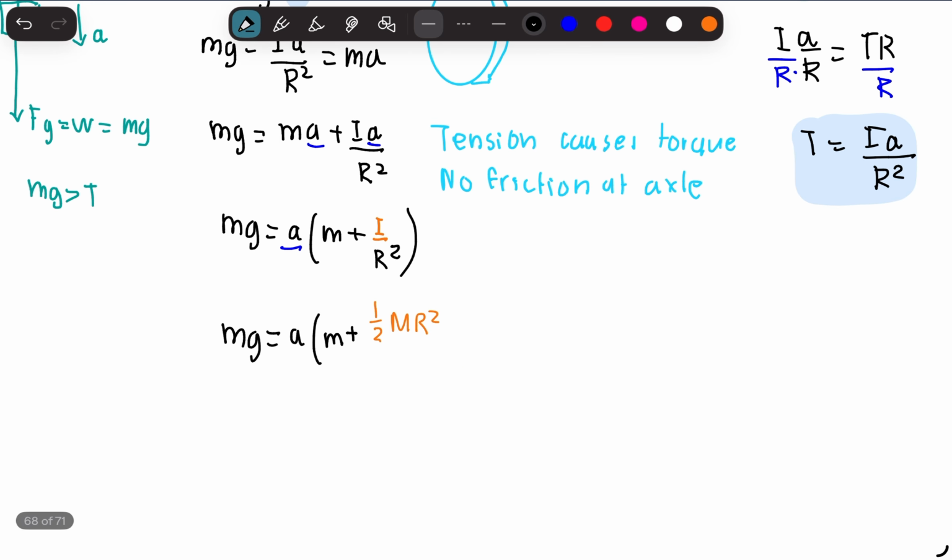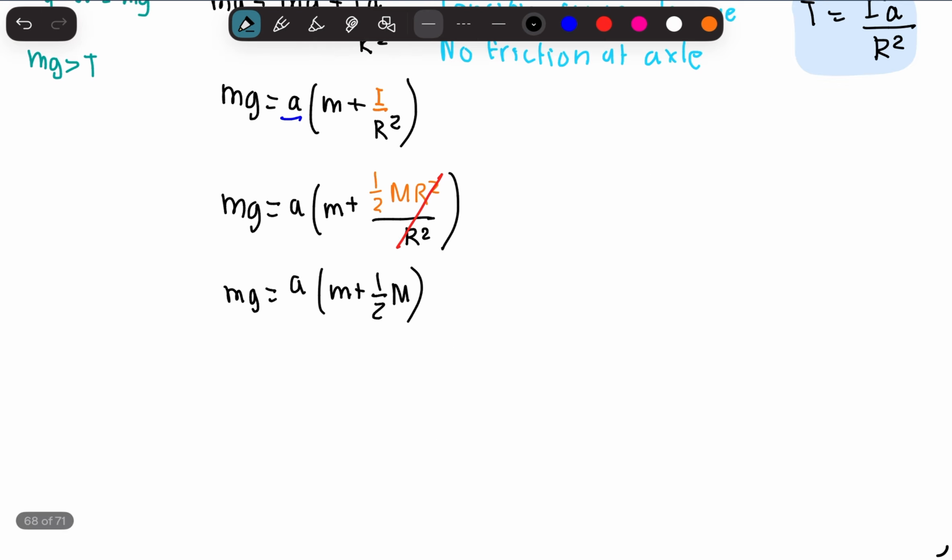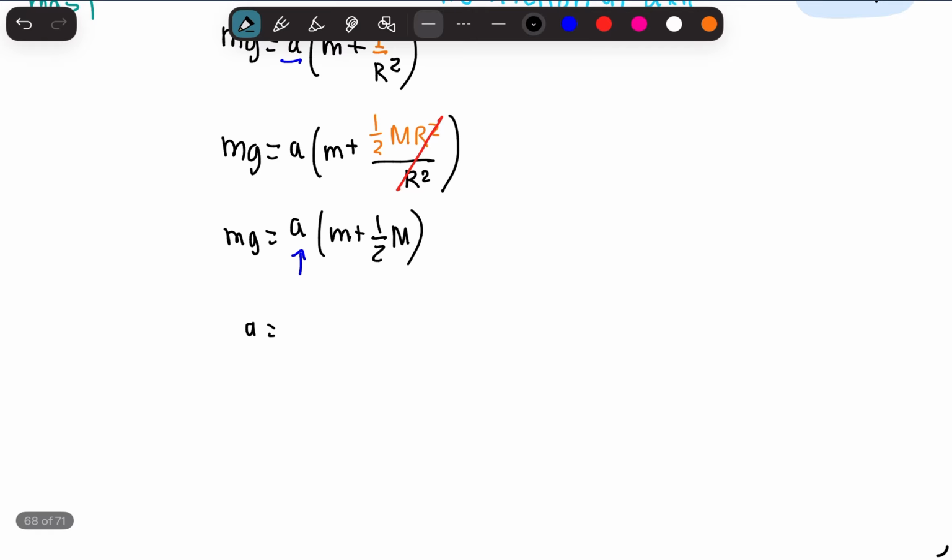So you have mr squared over r squared. That's going to cancel. So you have a times 1/2 m. But we want to just get a. So a is going to equal whatever we get from dividing both sides by m plus 1/2 m.